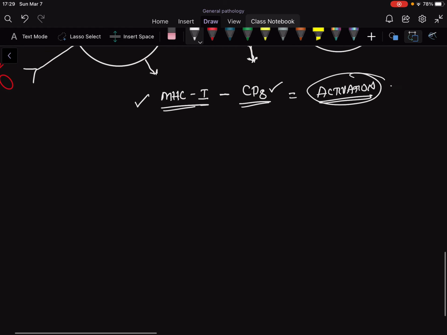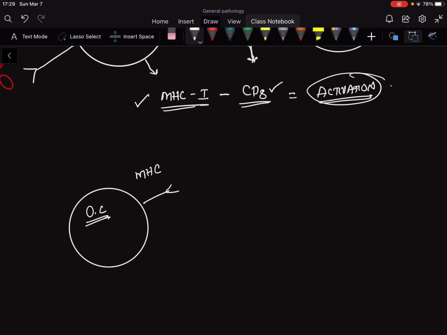Suppose here is another dendritic cell, and this dendritic cell on its surface has MHC type 2 receptor. And here is our antigen, the coronavirus antigen, and here is our T lymphocyte.